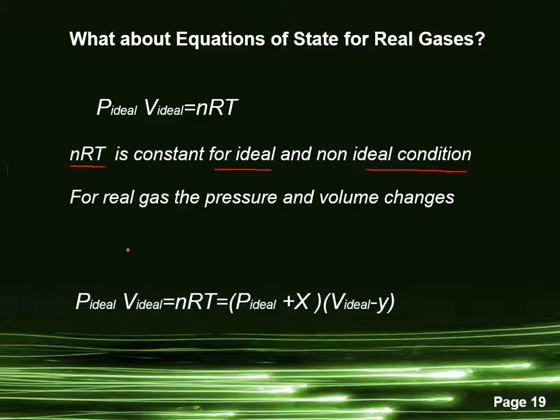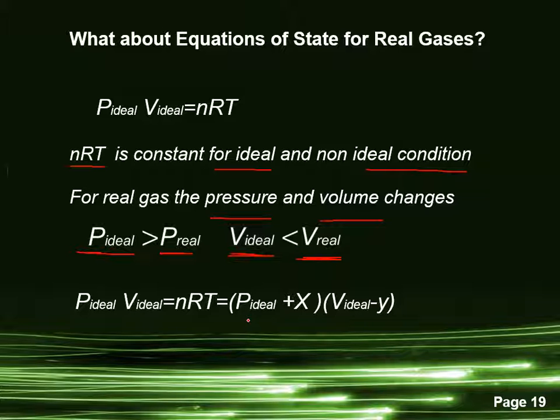The only things that change are volume and pressure. Because in some experiments, which I will talk about in the next slide, the pressure in ideal gases is higher than in real gases. Also, the volume of ideal gases is less than the volume of real gases.